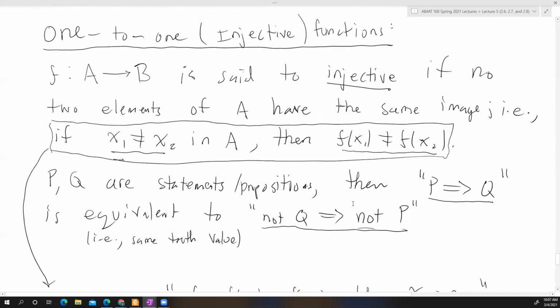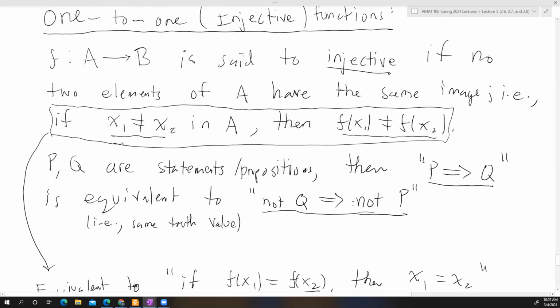For a function not to be injective, we just have to negate the definition. In other words, to show something is not injective, we need to find two points that are not the same, yet their outputs are the same.